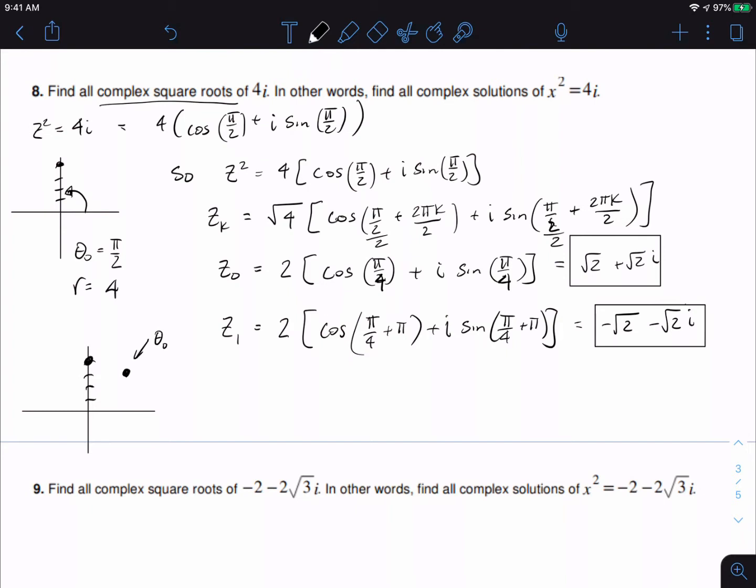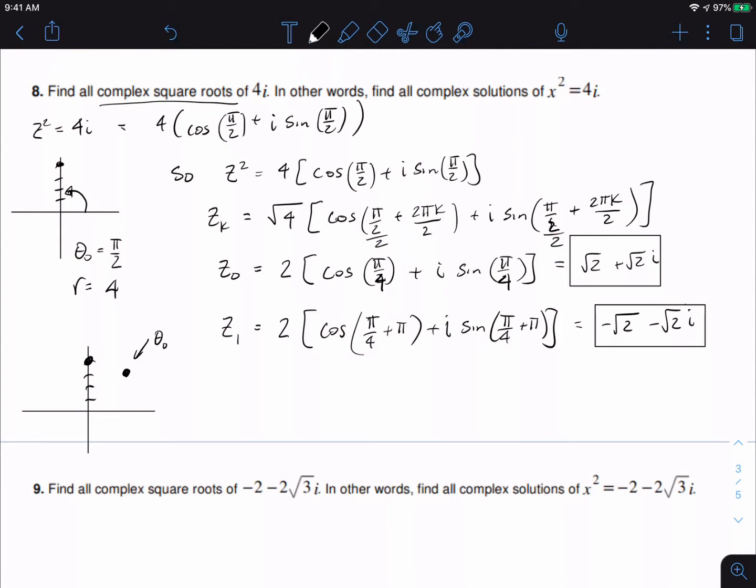Now, to find out what I'm going to add to it each time, the way I think about it is, what's the full circle angle divided by the n. So the full circle is either 2 pi, or you can think of it as 360. And when you divide that, it's like going half a circle, right? Since we're going by 2.